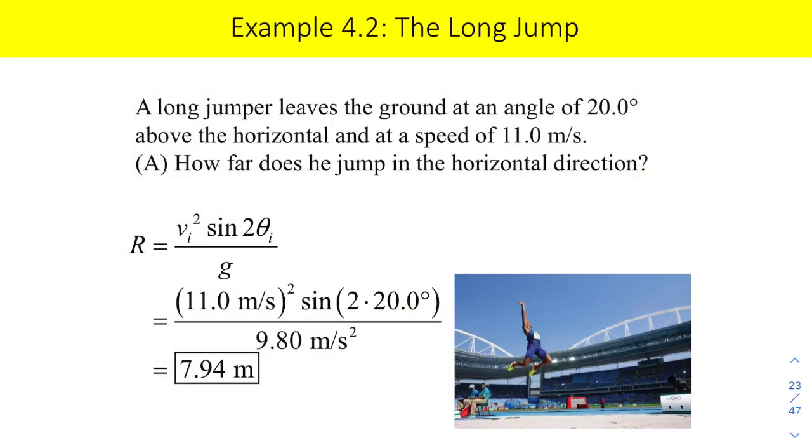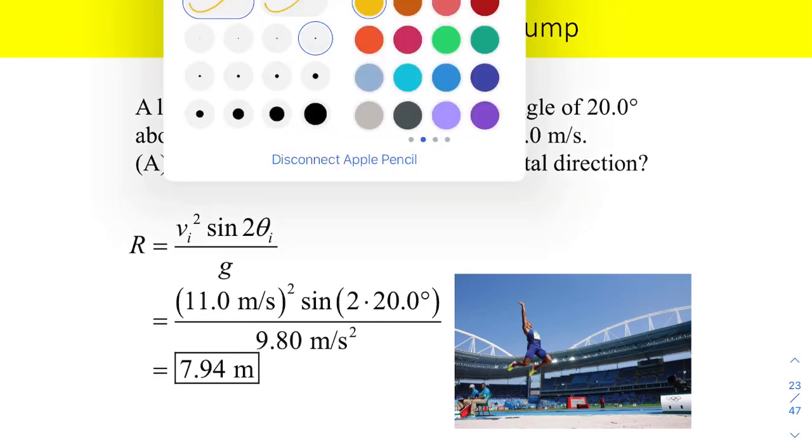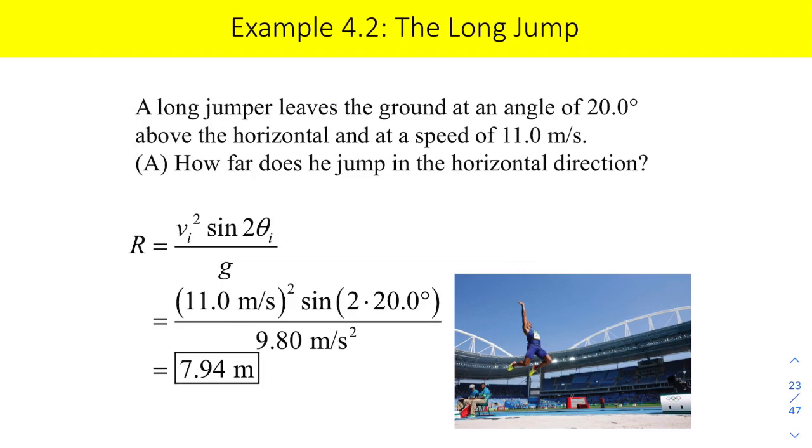Example 4.2, the long jump. A long jumper leaves the ground at an angle of 20 degrees above the horizontal and a speed of 11 meters per second. Okay, so for a long jump process, the path taken will be similar to the one that we discussed just now.